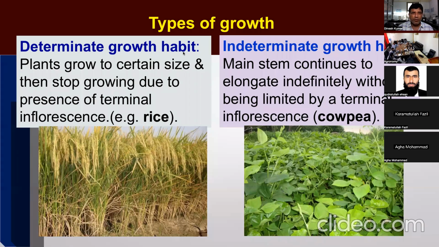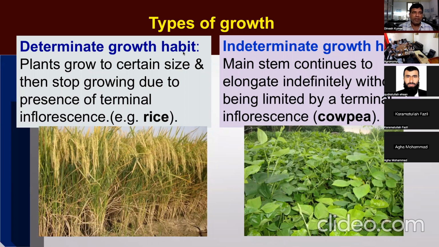In indeterminate growth habit, initially the vegetative stage will start. Plant will produce leaves, branches. It will increase in height, and then it will start flowering. Flowering means reproductive stage, but it will also continue vegetative stage.